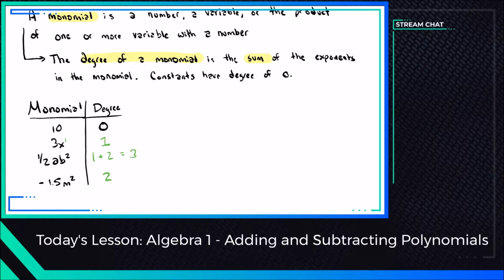All right, I'm going to give an example now of some things that are not a monomial. And then we'll put the reason over here too. So let's first take a look at 5 plus x. That's not a monomial because there's more than one term.